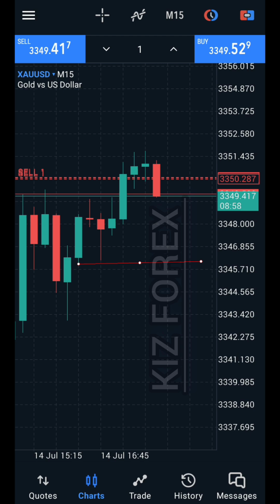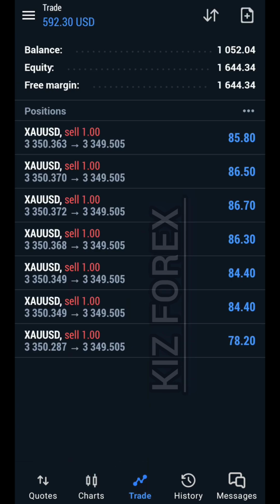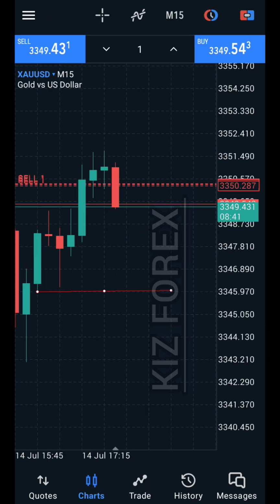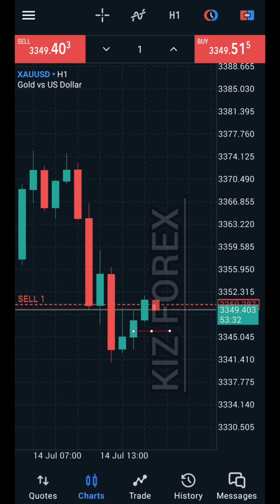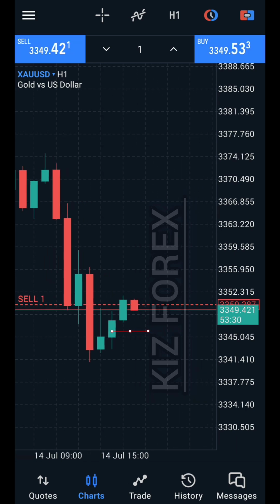Just below this line is where our target is for this particular sell. So we'll get this point, or we can even get above this point. That is just our area of target. We're expecting the market to get to that point or go beyond it, and then we'll take our profit when that happens.